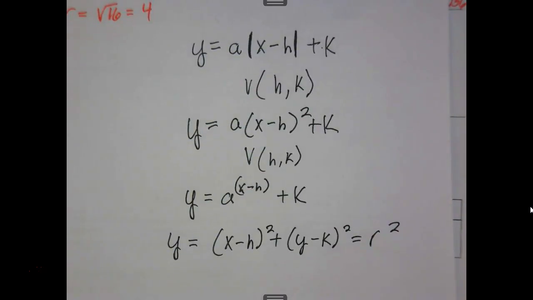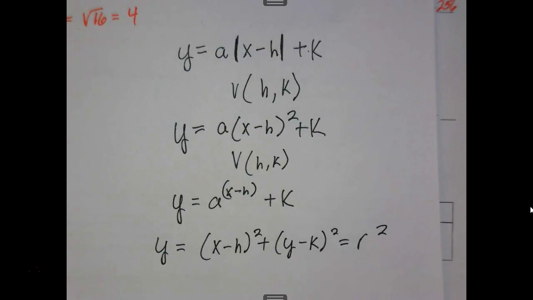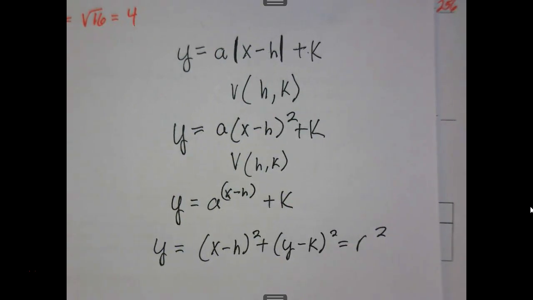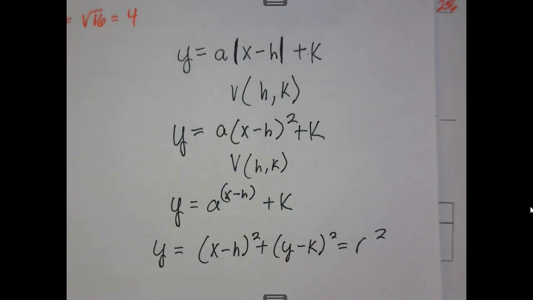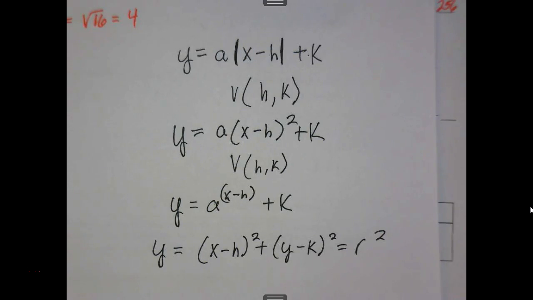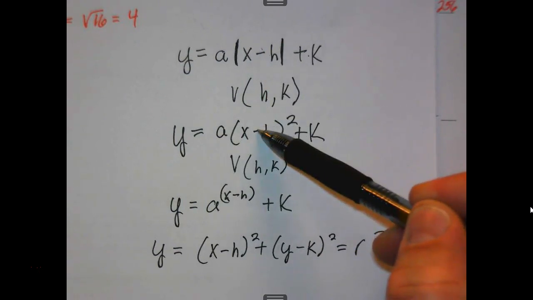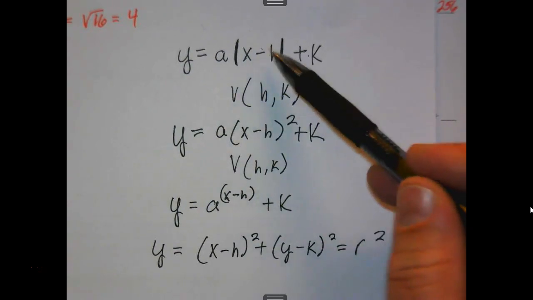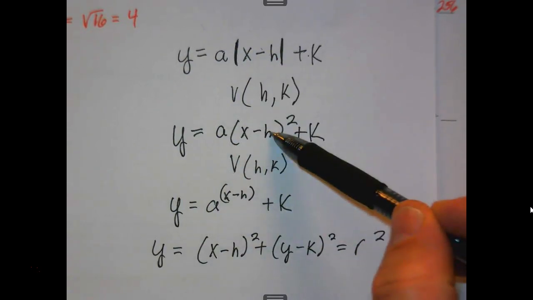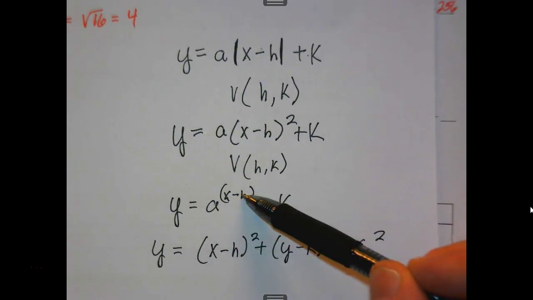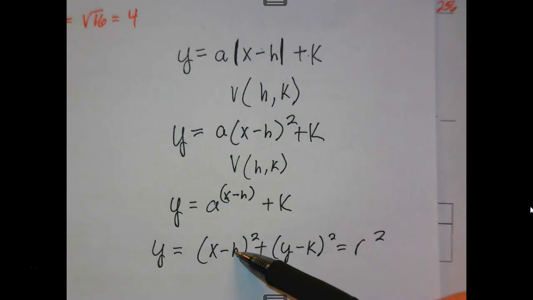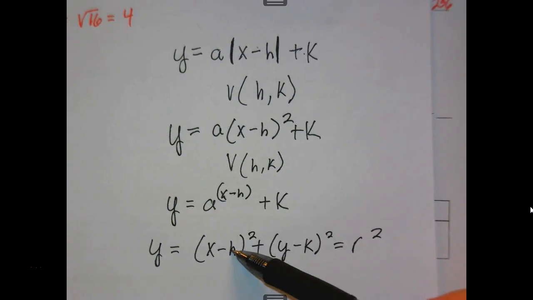Now, every time we stated the h, okay, this is why. Every time we stated what the h was, it was always the opposite sign inside our symbols, whether it's absolute values, parentheses, even in our exponent, it was opposite h, okay?